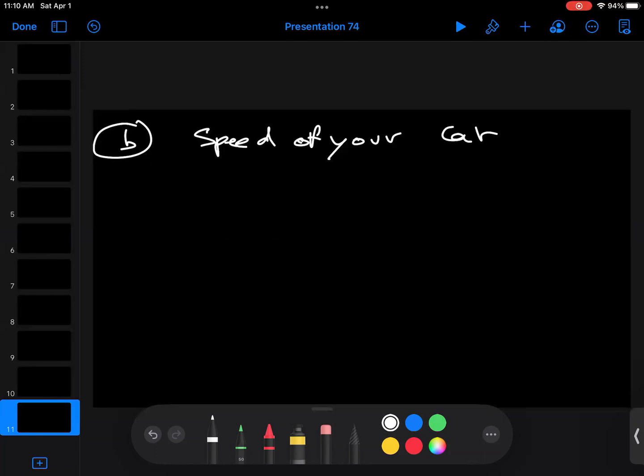So if at a time T1 you were at some place, and next at a time T2 you are at another place, you can say that between time T1 and T2 you have traveled f of T2 minus f of T1, if your f measures your position on some line.